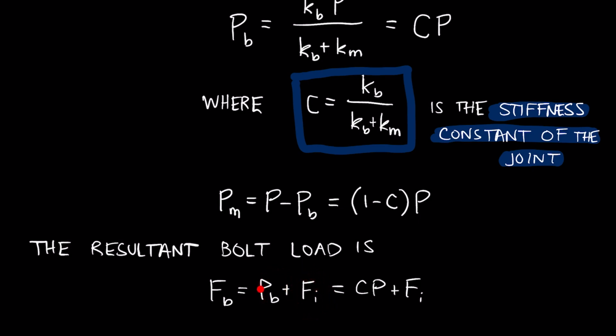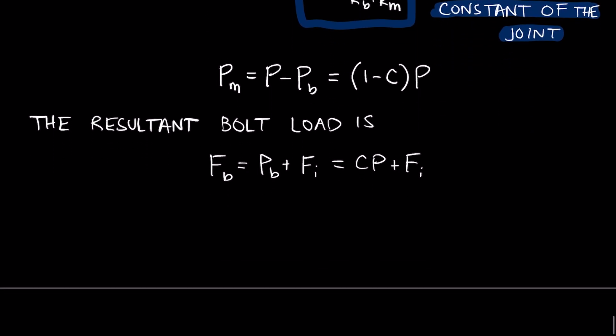So those two loads get added together. And of course, the portion of the external load that goes to the bolt, we just established that that is equal to C times P, where C is the stiffness constant of the joint and P is the total external load. Then we can write something similar for the resultant member load.